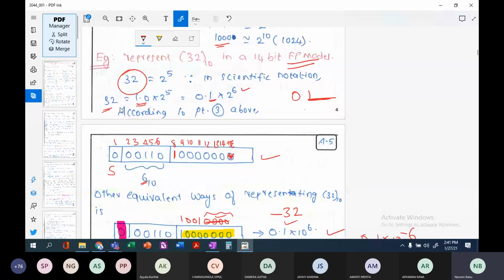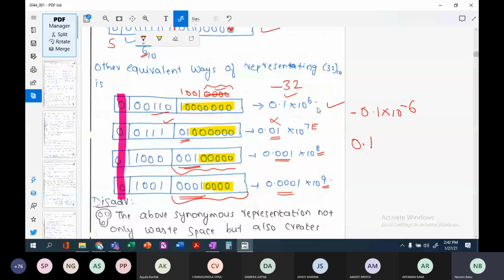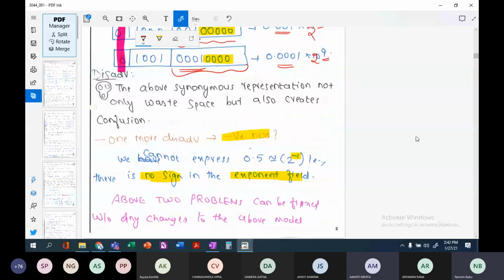If we have converted this 32 into a binary value, then it should be 2 power, sorry. Then it is by mistake. All these are 2 power. Okay, thank you, sir. Good. Thank you for pointing out the error.